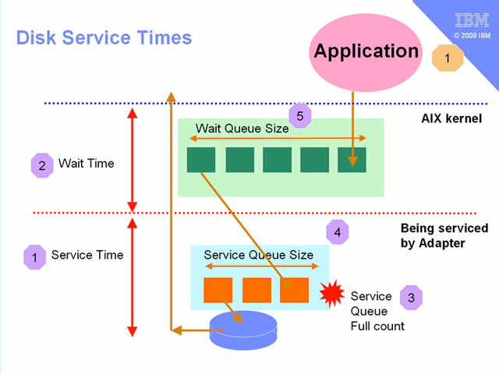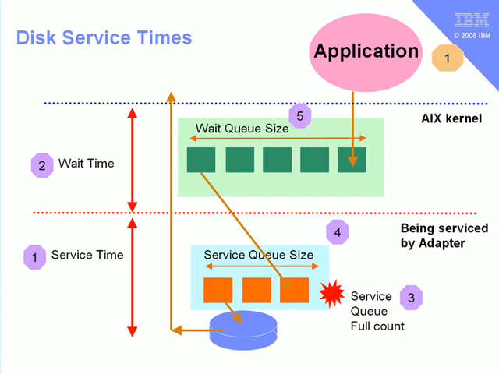If we keep pushing things in, then the adapter can take up a certain number of things in its service queue, but once that limited size is full, it can't take any further requests, and so that's when we increment the service queue full count. At that point, if the AIX kernel is getting more requests for I/O to this adapter and disk, then it'll actually have to save them up into the wait queue inside the AIX kernel, waiting for the adapter to have some space available for another thing in its queue.